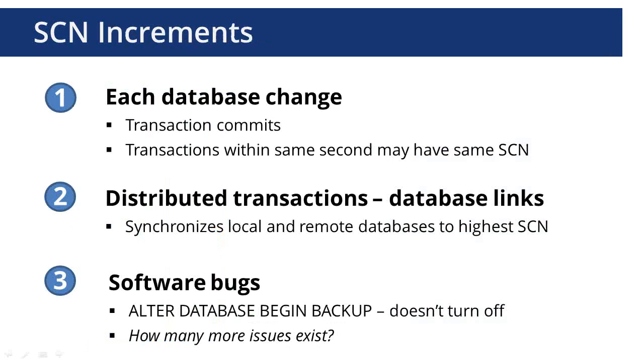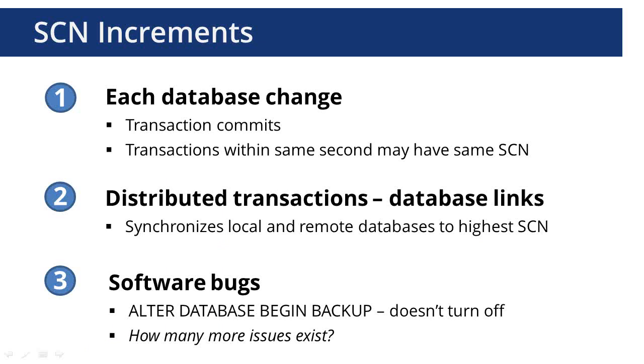So the SCN increments for each database change. Well, there are other scenarios where it increments. The first is distributed transactions. Because if the database is trying to handle a distributed transaction between multiple databases, it has to keep the SCN number somehow synchronized.